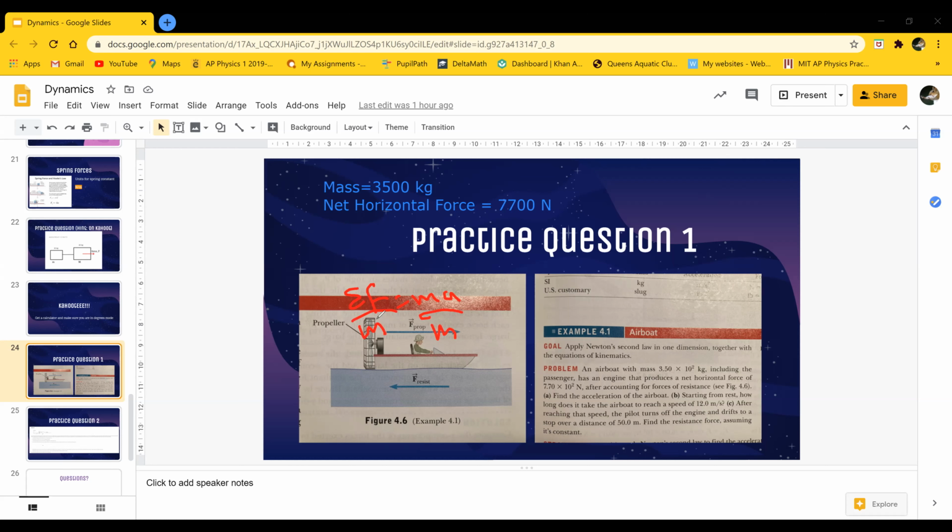So your acceleration is 7,700 divided. Actually, you should solve this problem. I shouldn't be solving it for you, but I should help you along the way. Try to solve, and after you find the acceleration, you can tell me, or you can just unmute yourself. I'm pretty sure you can unmute yourselves now.